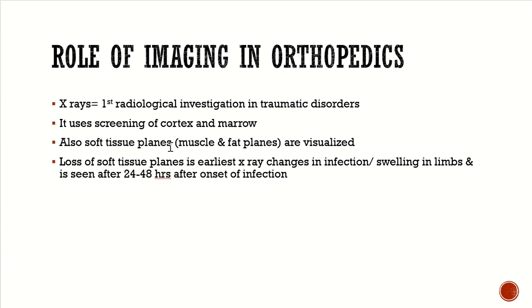Also soft tissue planes, that is muscle and fat planes, are visualized. Loss of soft tissue plane is the earliest X-ray change in infection or swelling in limbs, seen 24 to 48 hours after onset of infection. This change relates more to infection than tumor.